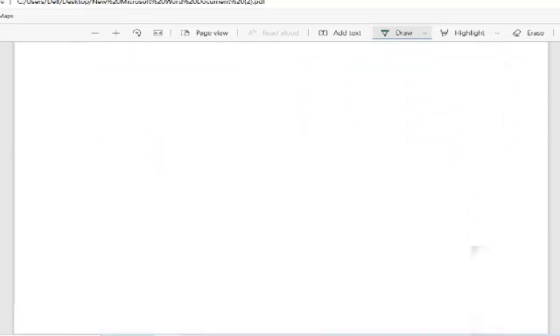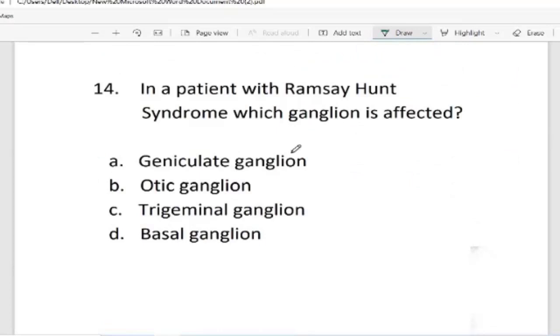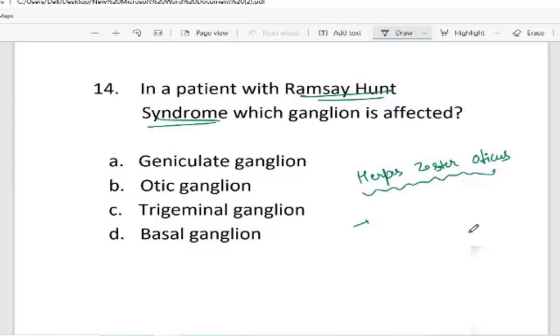Very simple, nothing fancy. In a patient with Ramsay-Hunt syndrome, which ganglion is affected? Firstly, what is Ramsay-Hunt syndrome? Ramsay-Hunt syndrome is nothing but herpes zoster oticus. What is herpes zoster oticus? It consists of three symptoms. Firstly, profuse, recurrent ear discharge.